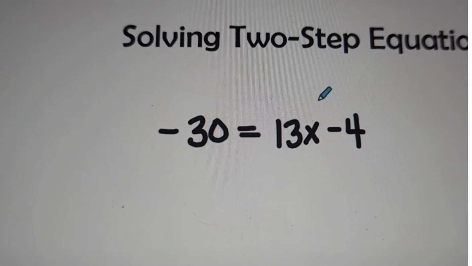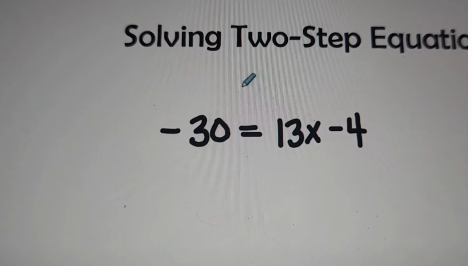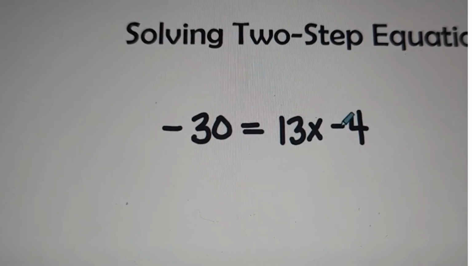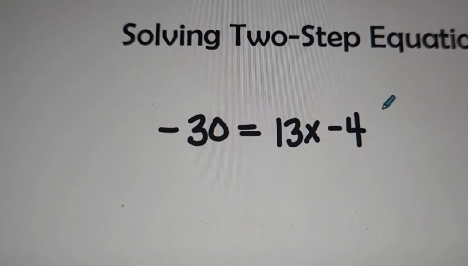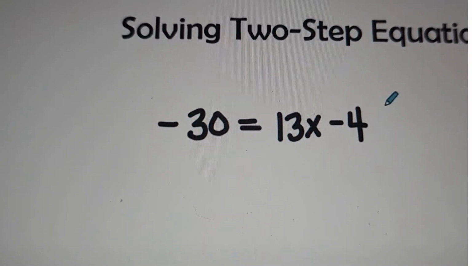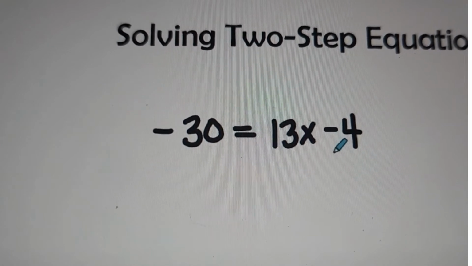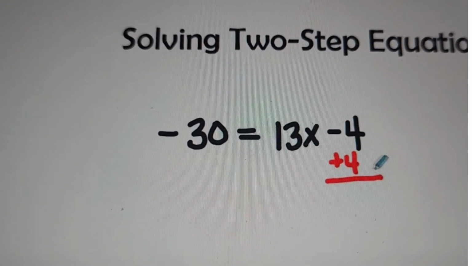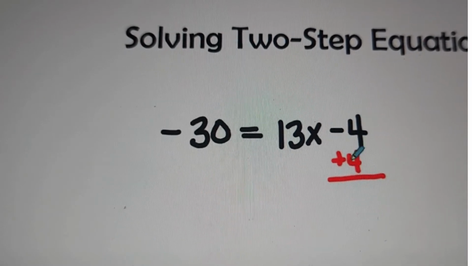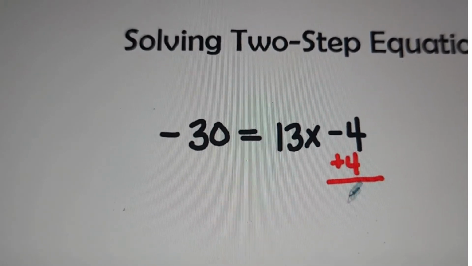But first, before we do that, we have to get everything that's attached to that x moved over to the left-hand side. And so if I look at this negative 4, which is attached to this x, how I can move the 4 over to the other side is to add positive 4, or its inverse operation. And so we have negative 4 plus 4 gives us 0.